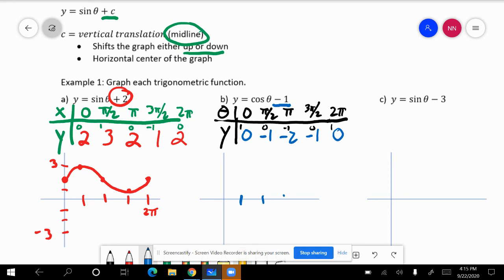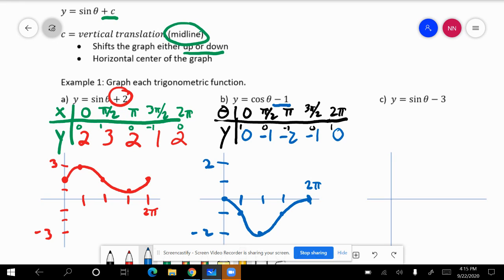So when we're graphing it, this time our max value is 0 and our minimum is -2. 0, 0, pi halves -1, pi is -2, 3 pi over 2 is -1, and 2 pi is 0. So that right there gives us our cosine curve.